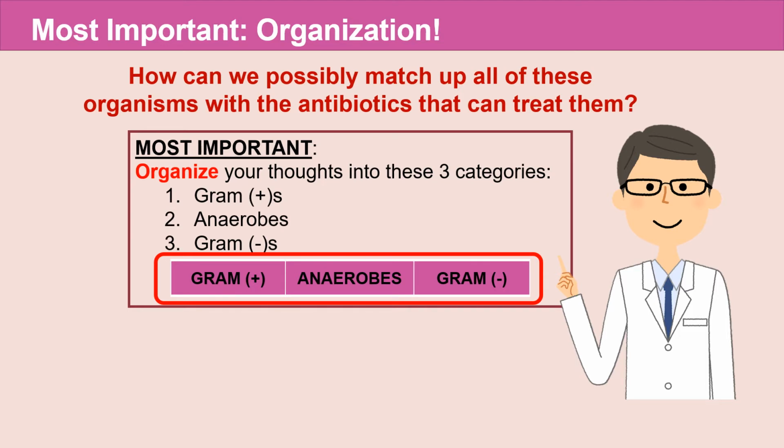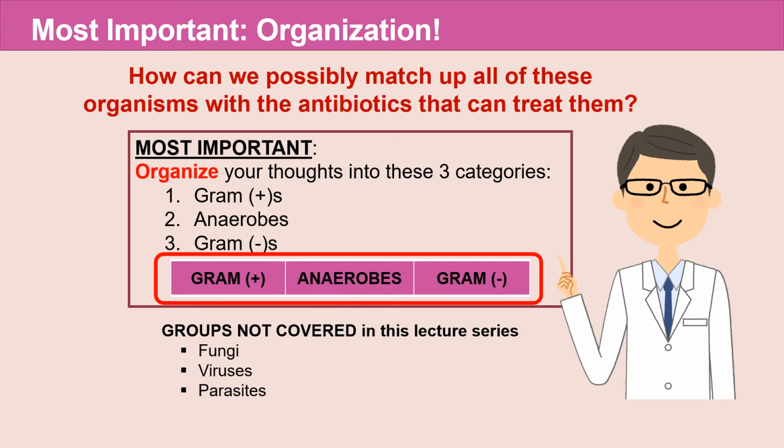If you link each one of these key categories with the antibiotics coverage, then it helps organize your thoughts. So please keep this in mind. It's very important to organize your thoughts. Now, groups not covered in this lecture series are fungi, viruses, and parasites.